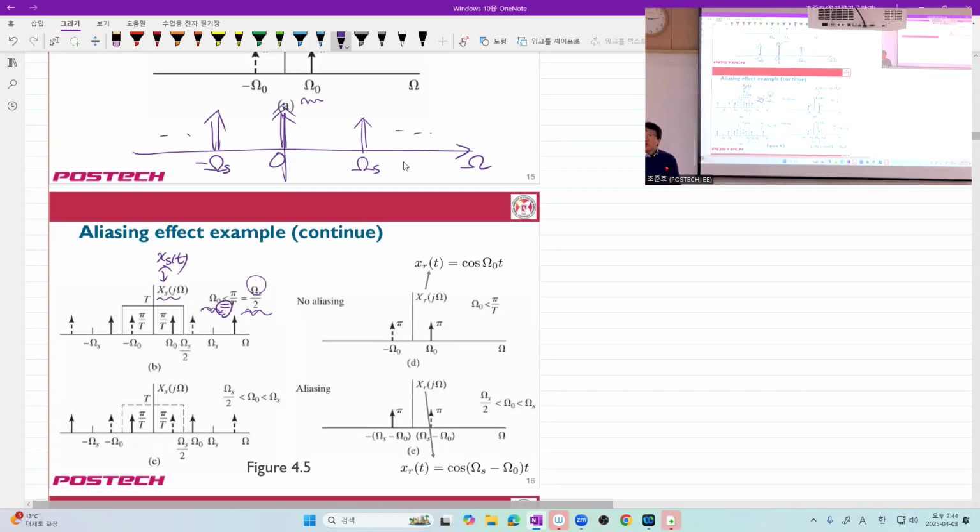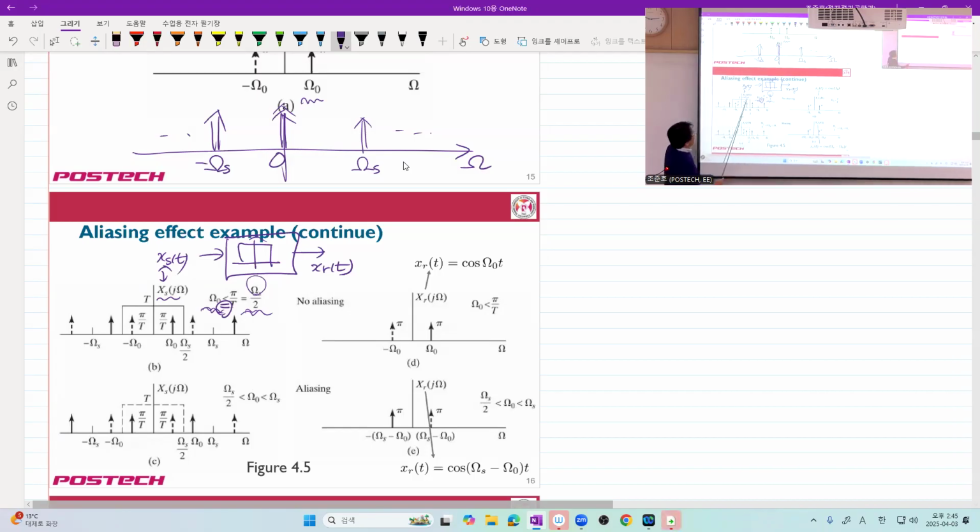And can you recover the original signal by using a low-pass filter? Yes. As the authors kindly put here as a rectangle, if this is the ideal low-pass filter's response, then what would be the CT Fourier transform of this one? Since this is an ideal low-pass filter, these are gone.